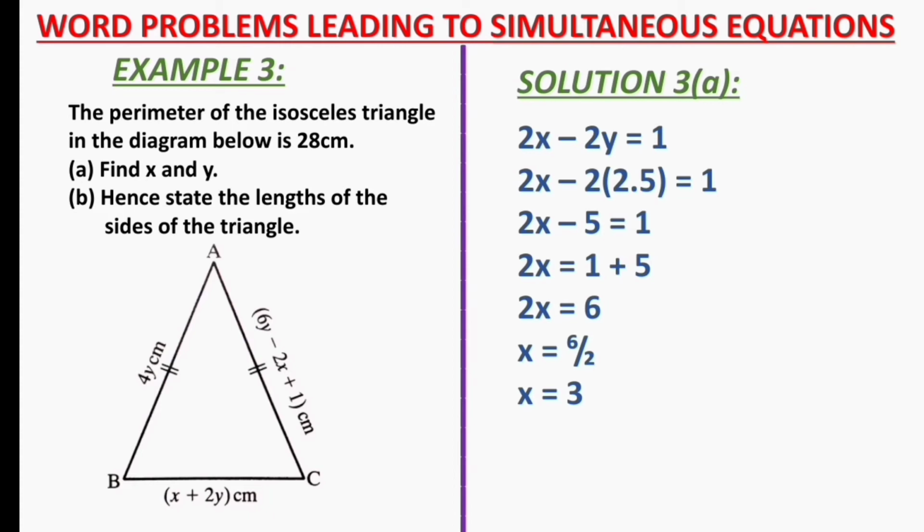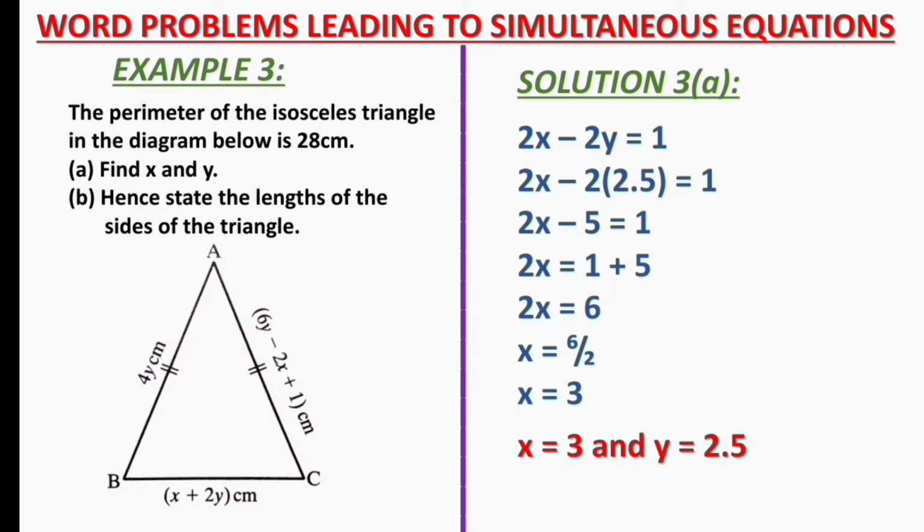When you substitute 2.5 for y into equation 1, you're going to have 2x minus 2 times 2.5 is equal to 1. Solving this equation carefully, you will have the answer x is equal to 3. I hope you got that right. So our answer for question 3a is x is equal to 3 and y is equal to 2.5.